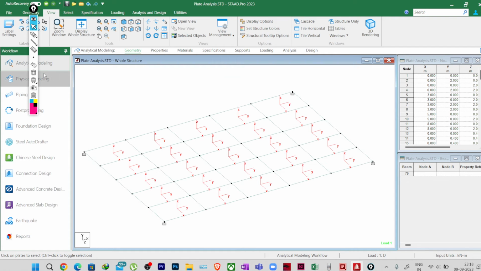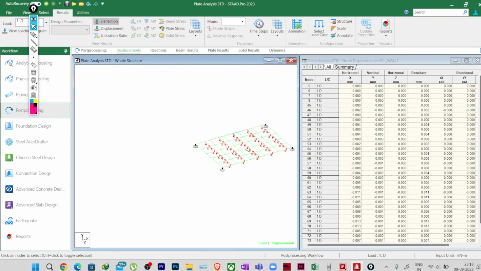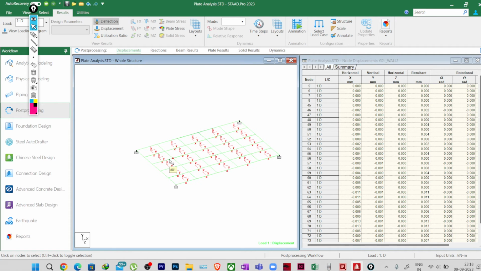Correct? Now if I go to the analysis post-processing, and first see the deflection diagram, you can see this is how the deflection is happening in this case. So by seeing this bending direction, we expect that the major bending moment we will get along the y-axis, right?